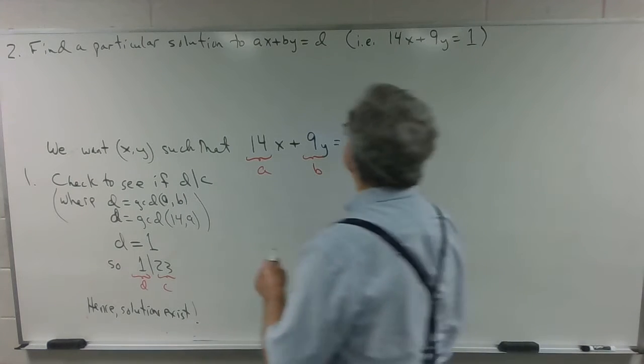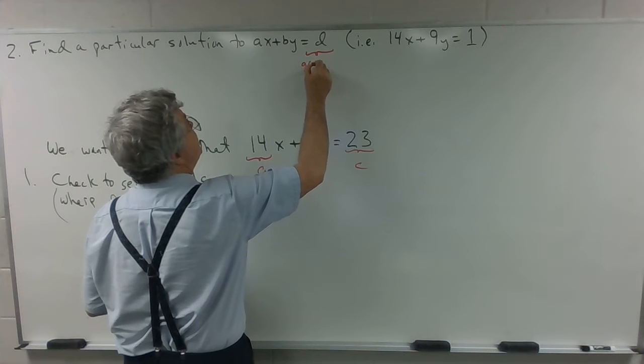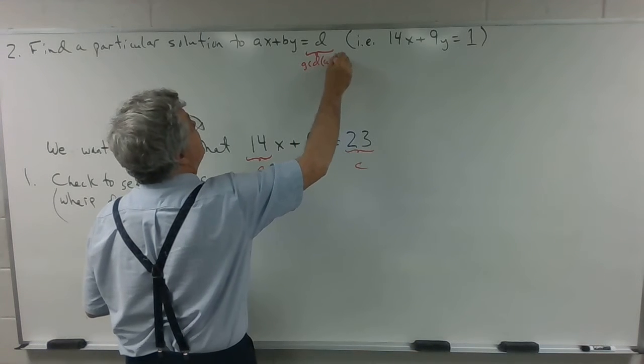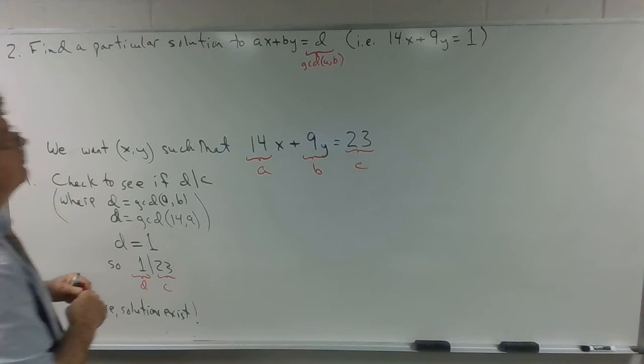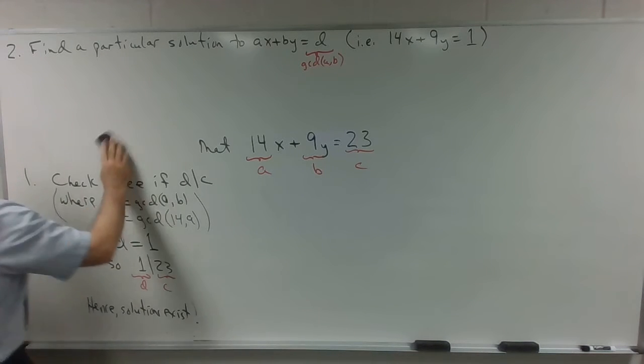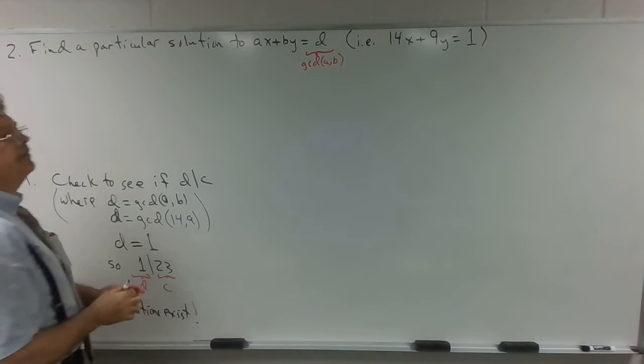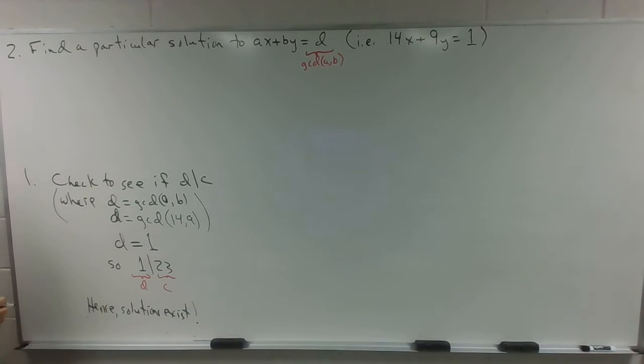And again, the significance of d here is that this is the greatest common divisor of a and b. To solve this equation, we use the Euclidean algorithm to find the greatest common divisor of a and b.